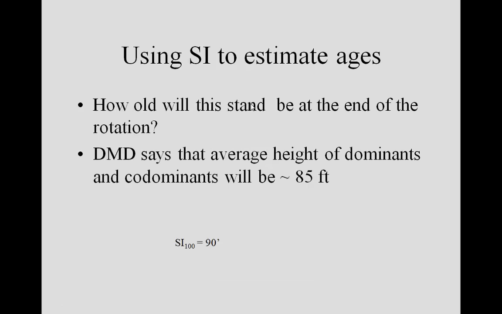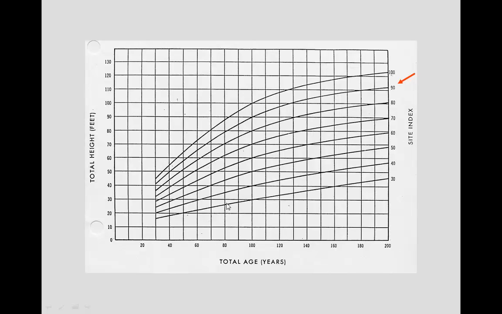Okay? And we've got a site index base age 100 of 90 feet. So we go to our site index curves, we find the appropriate curve. Here's the site index 90, base age 100 curve, and 85 feet, we come over to the curve and drop down and read the age.